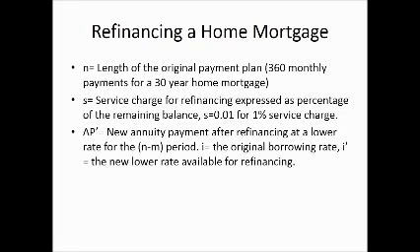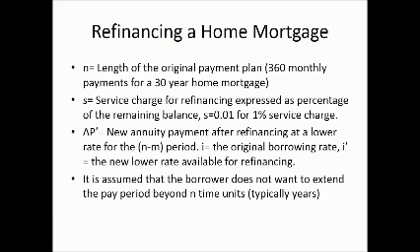I is the original borrowing rate, and I prime is the new lower rate available for refinancing. It is assumed that the borrower does not want to extend the pay period beyond N time units. So that's a typical example of refinancing. How will you go about it when there is a drop in the borrowing rate and bank allows you to refinance with a service charge.